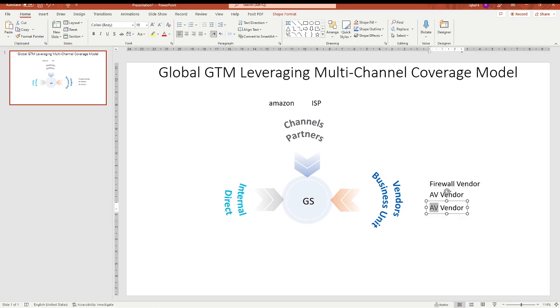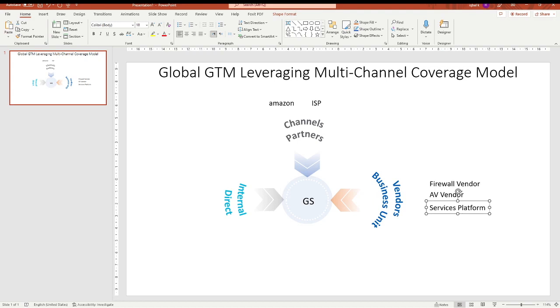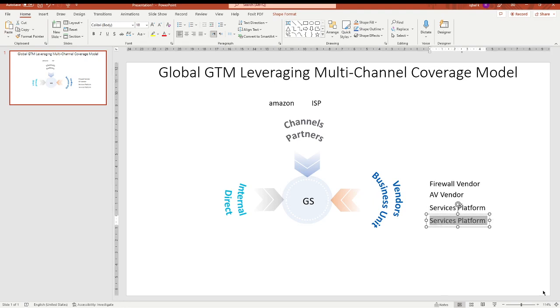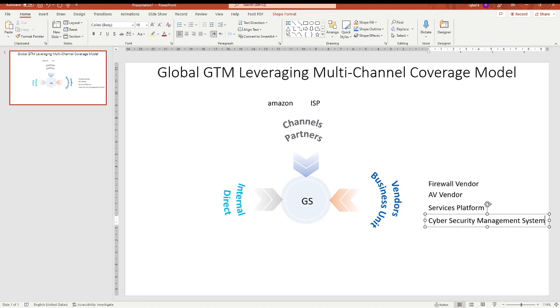You also have a distribution channel for, let's say, services platform. All right, and if you are a security supplier, you probably would also have some sort of cyber security management system as a service or as a software.